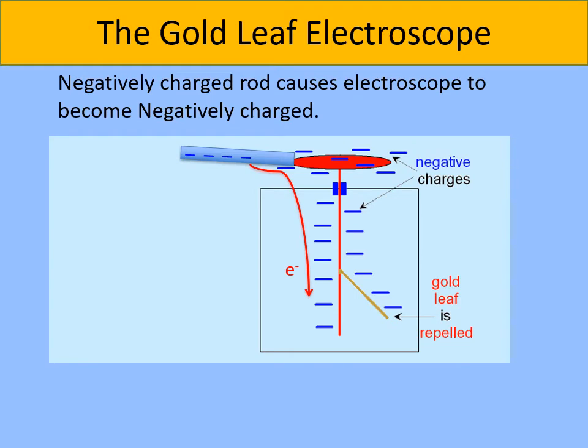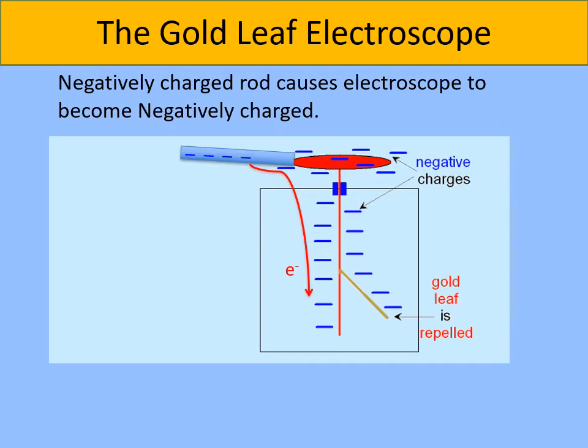So let's try and understand how the gold leaf electroscope can be used and how it works. For example, if we brought a negatively charged rod made, let's say, of polythene, and we touch or rub it onto the cap, remember it's negatively charged, the excess electrons on the rod will flow down due to conduction through the copper conductor and accumulate onto the gold leaf.